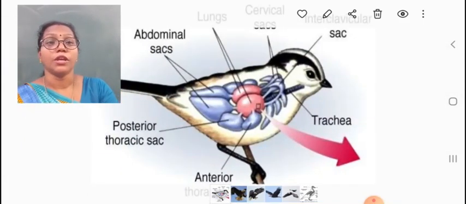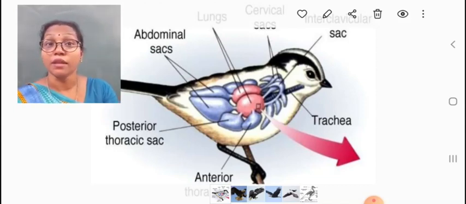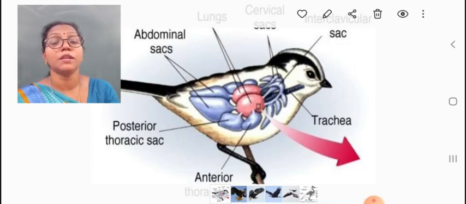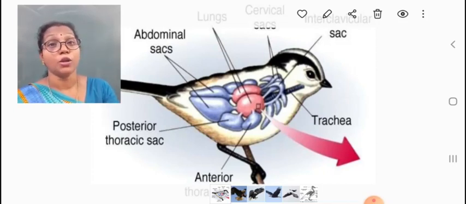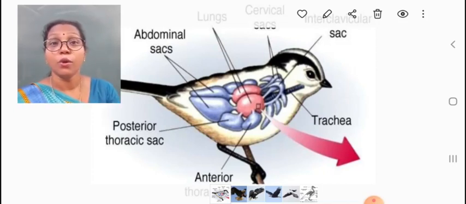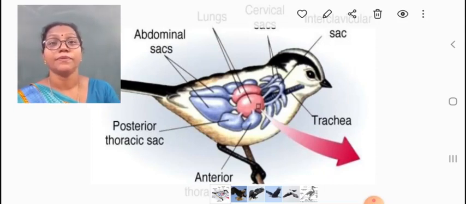Then children, we know that birds fly in the air, sometimes flying long distances, especially when they are undertaking migration. The birds fly long distances. For all these processes, they need a high amount of energy. Birds are organisms that breathe through lungs.